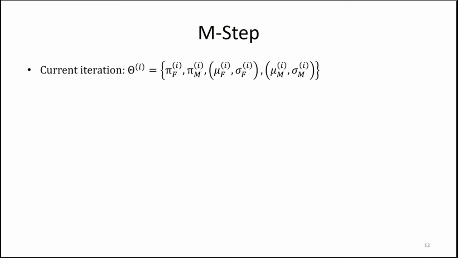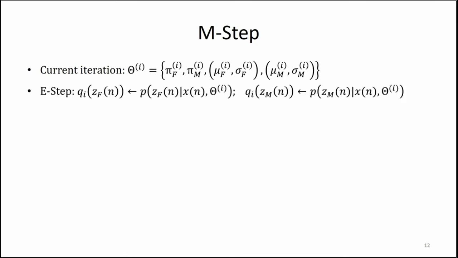So now we are ready to implement the M step. The parameters from the current iteration are given, and from the E step, the distribution of the hidden variable z, which is q i of z, is already determined, and that's determined for all n equals 1 through uppercase N. So for each sample x n, we find out the corresponding z n using the parameters theta i.